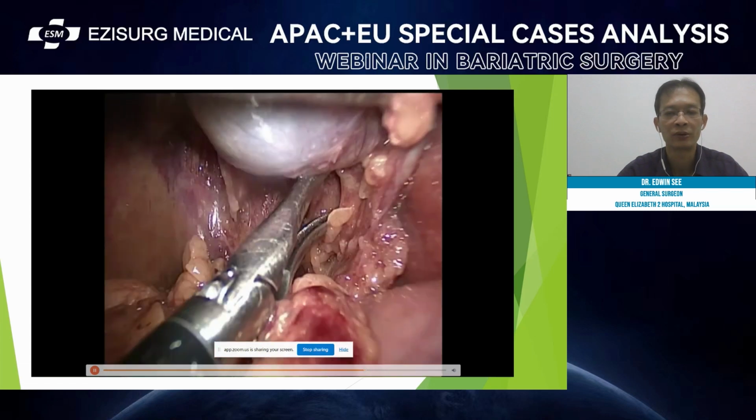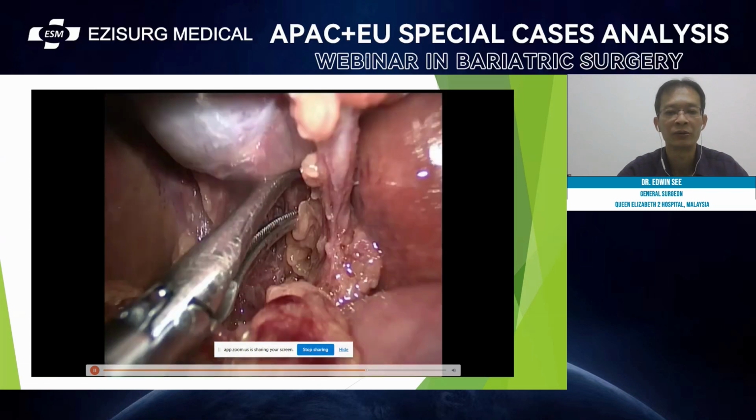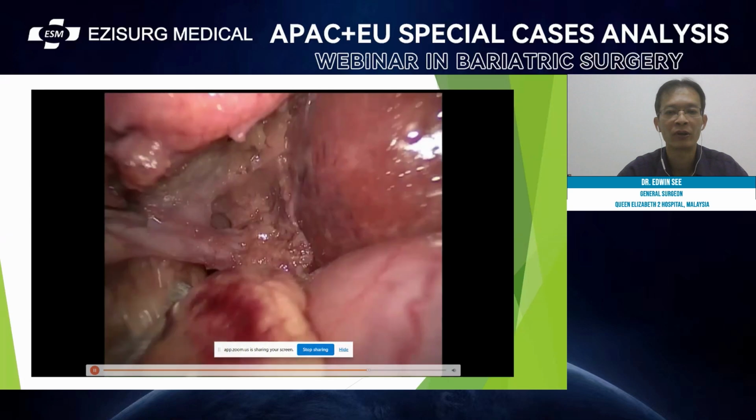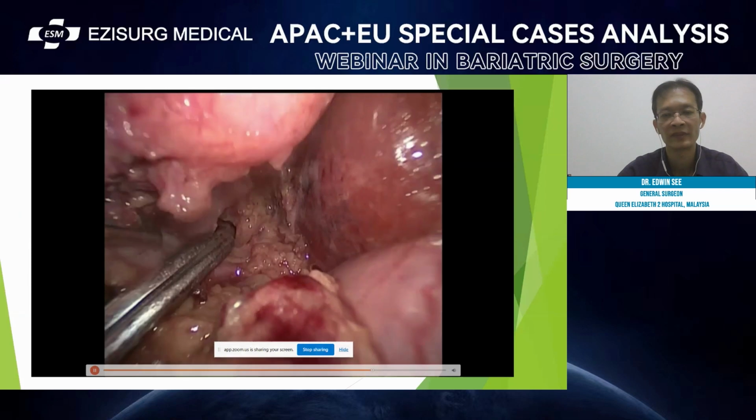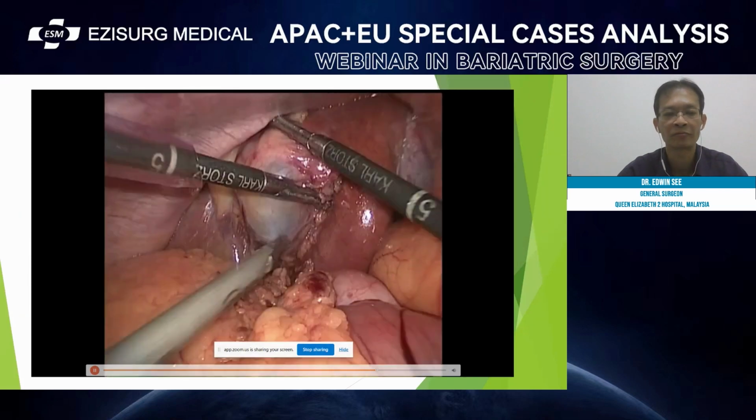Before I decided to put a hemolock clip using the 12 mm port, as this is a bigger size hemolock as compared to the first case.